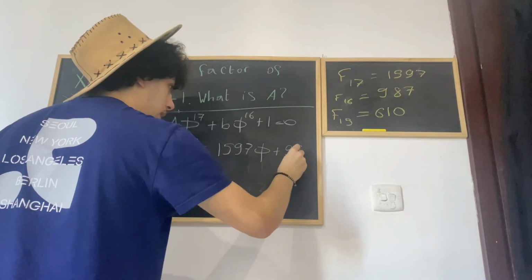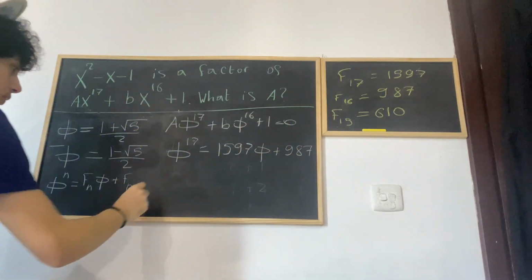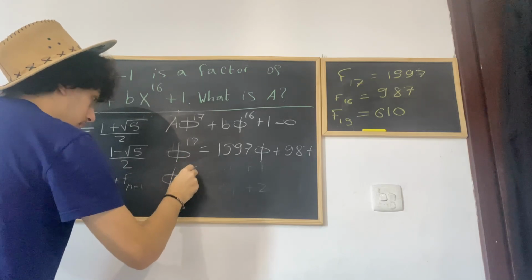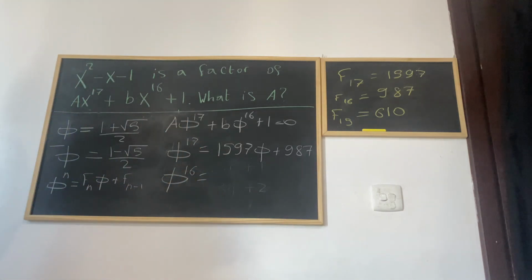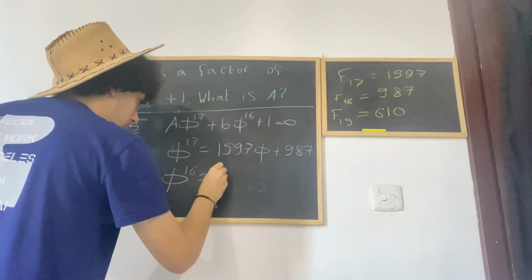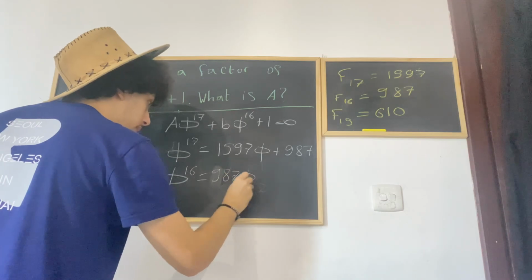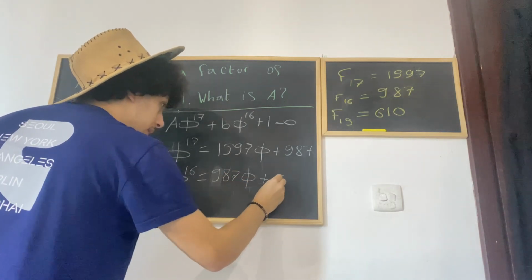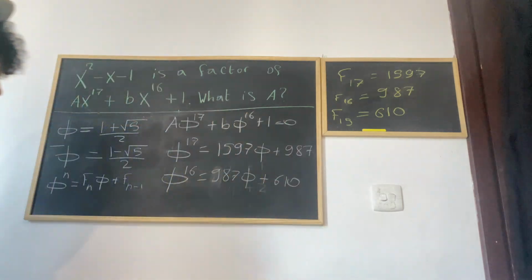So let's do 987. Now let's find phi to the power of 16. This is equal, what's the 16th Fibonacci number? 987. So this is equal to 987 phi plus 610, which is the previous Fibonacci number.